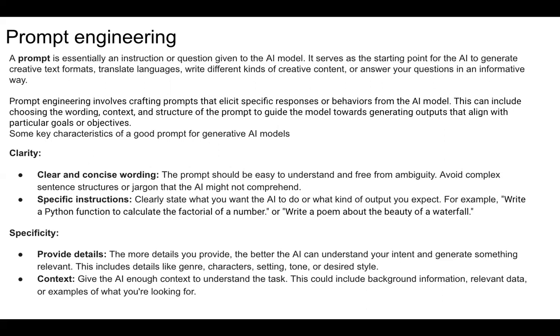So something like this. So you give the context to it. Context means nothing but background information, relevant data, and examples of what you are looking for. And in details, you can give it the genre, characters, settings, tone, or the desired style.